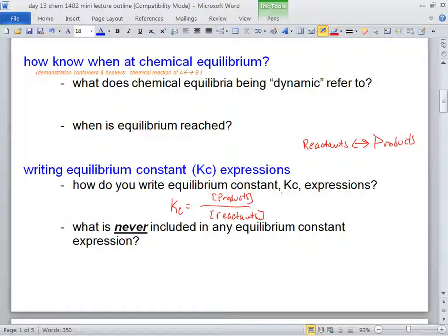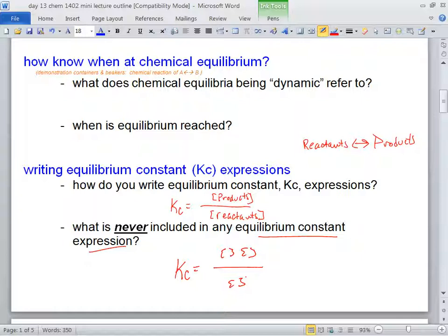There are some things that are never included in any equilibrium constant expression. The equilibrium constant expression, Kc, equals all these products over all these reactants. You just plug them in, except if a product or a reactant is a what? Solid. Don't include it. It's not written. You just ignore it.